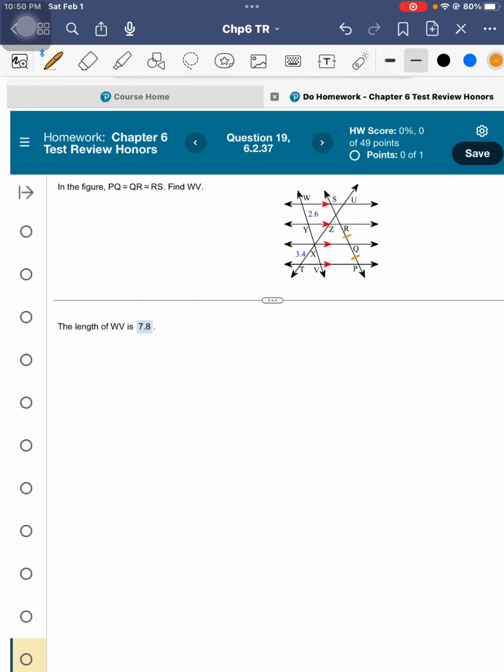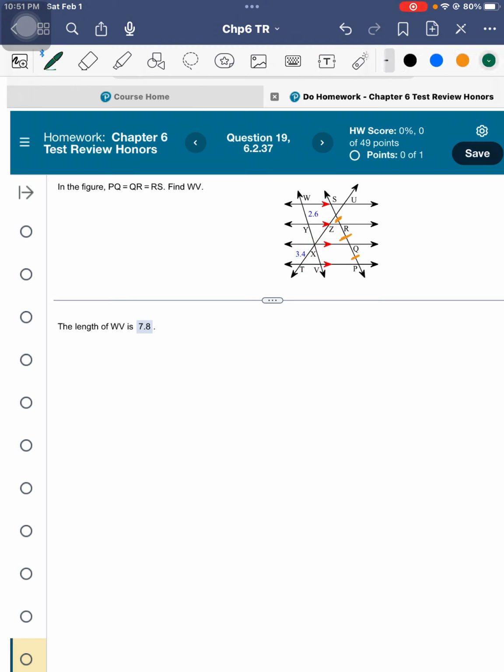So I know I have 4 parallel lines, and if I have at least 3 parallel lines and a transversal that was cut up into congruent segments, I know that every other transversal, including this TU and this WV, will also be cut up into congruent segments. So that means if this is 2.6, this is 2.6, and this is also 2.6. If this is 3.4, this is also 3.4, this is also 3.4.